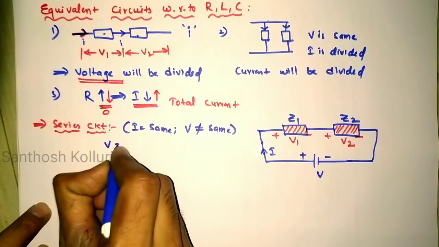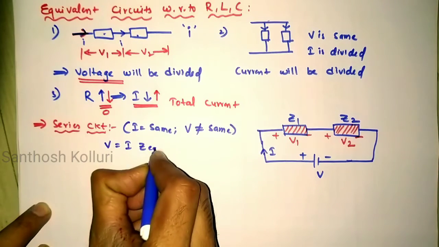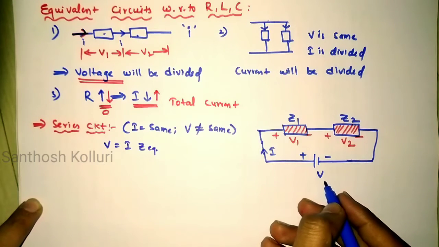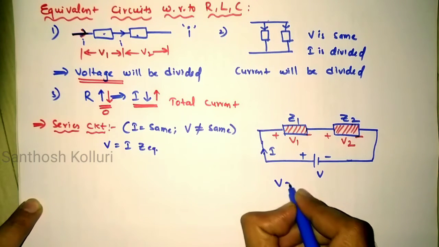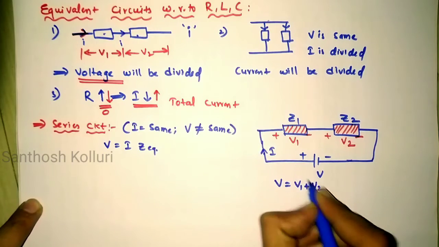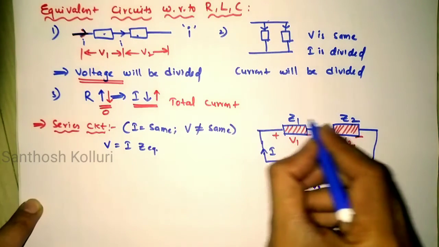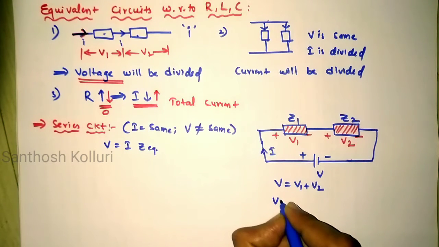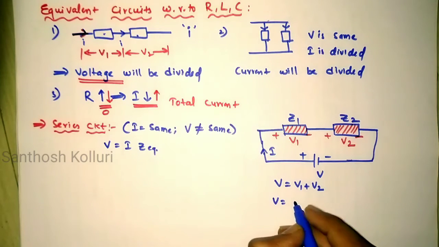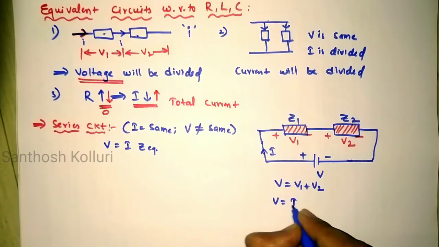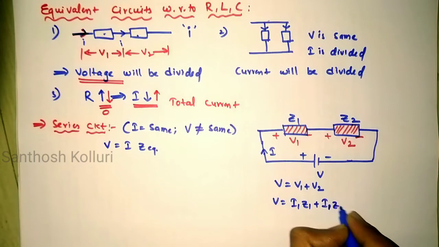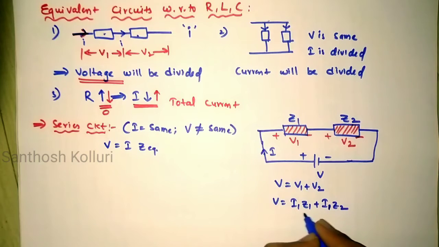From Ohm's law, V is equal to I into Z equivalent. But from KVL, V is equal to V1 plus V2: the algebraic sum of the voltage drops is equal to the applied voltage. So I can write V is equal to I1 into Z1 plus I1 into Z2, because I1 and I2 are the same in series.